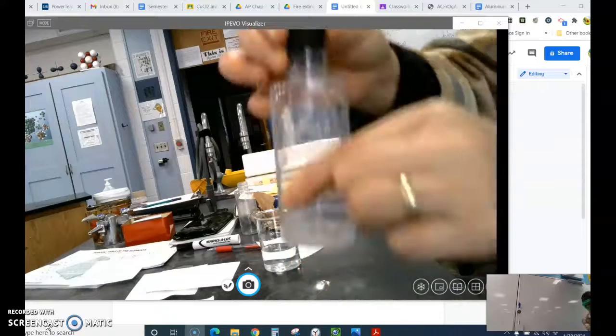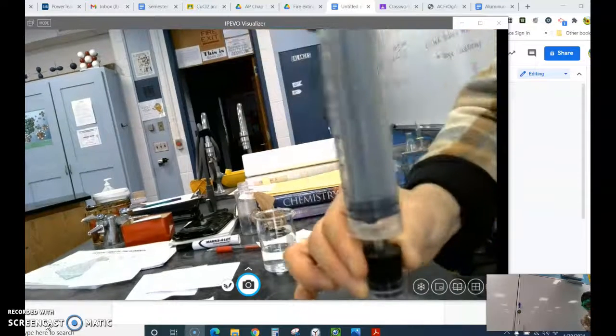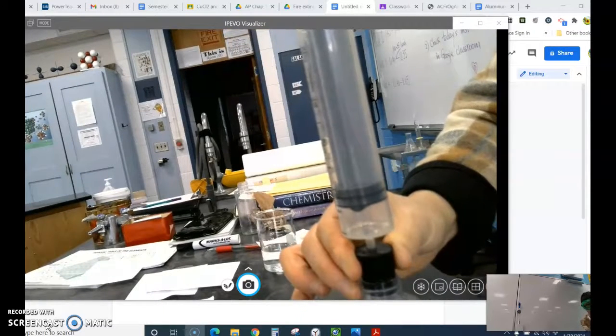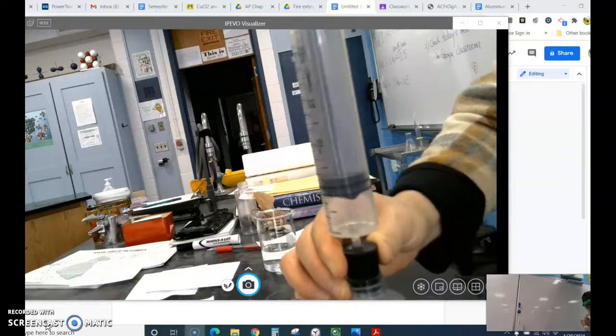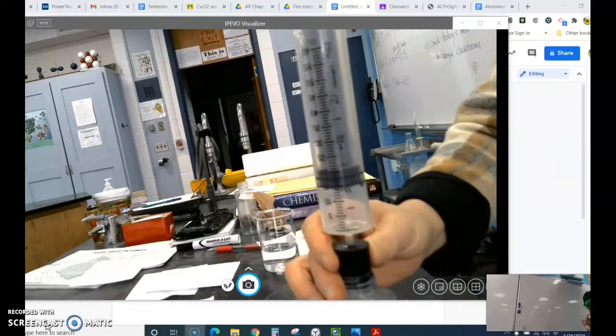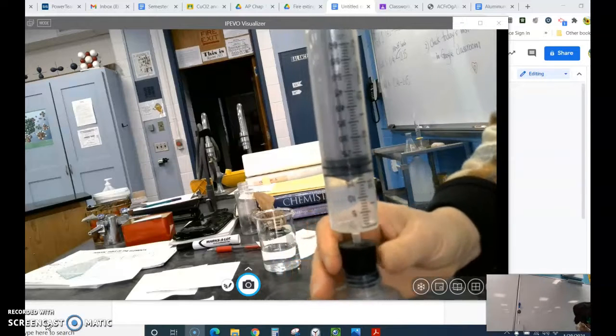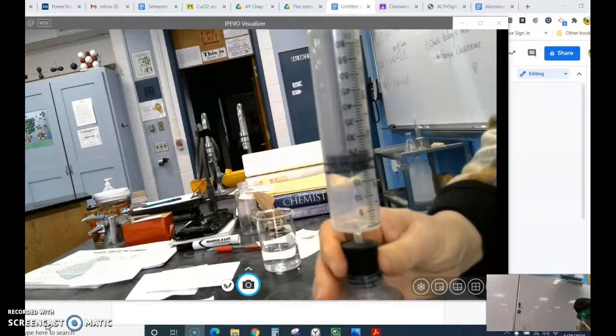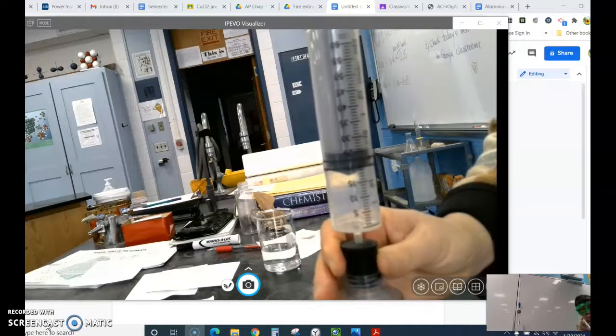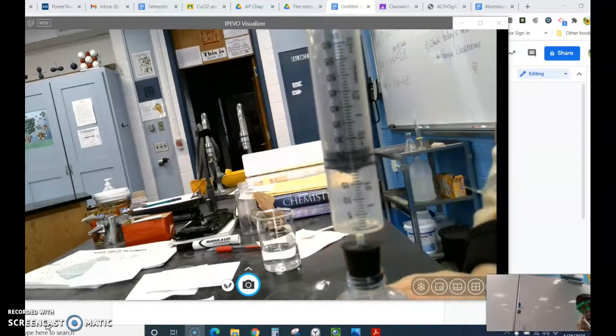I'm squirting, and you can see the reaction is going on. Let me turn the direction so you can see the reading. Right now it's past 15. It's still moving up.